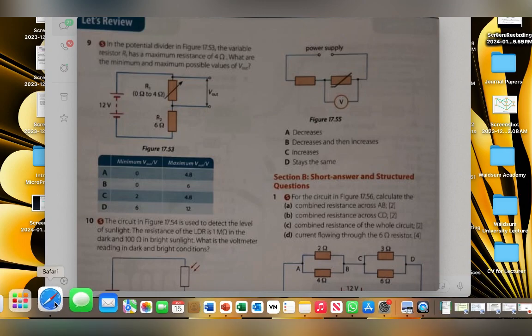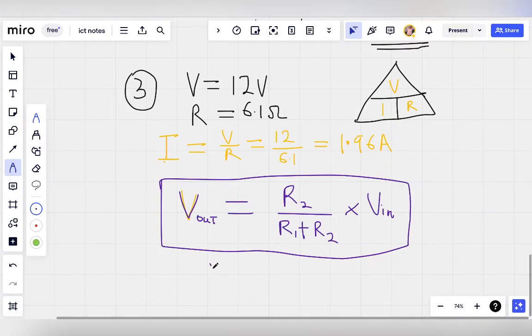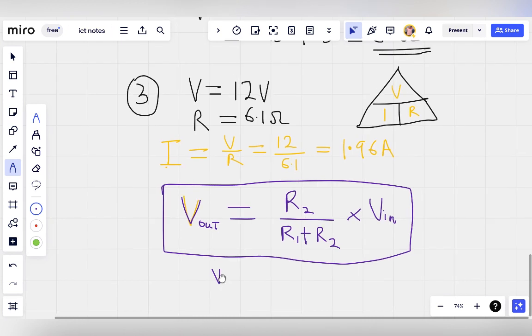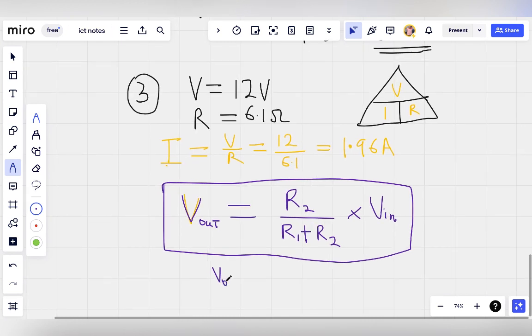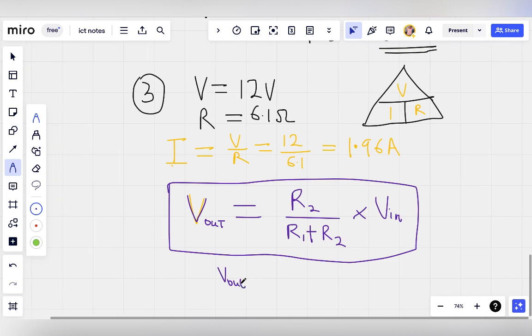V out is equal to 6 over 4 plus 6, times 12, the input voltage.